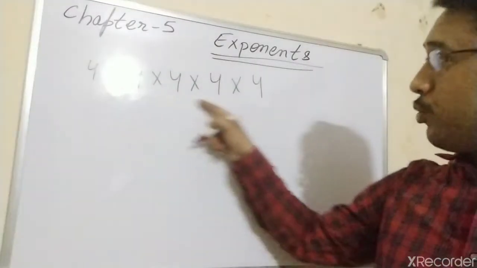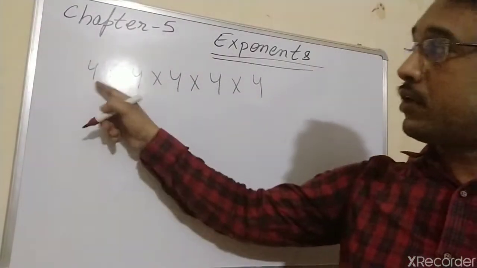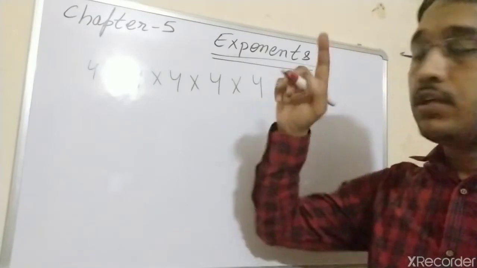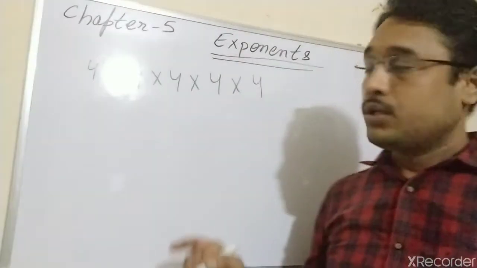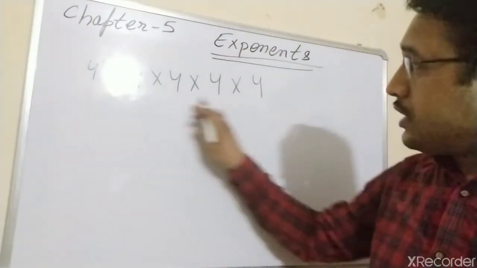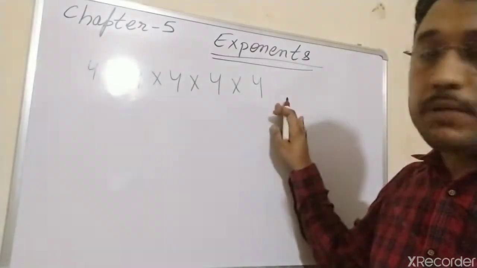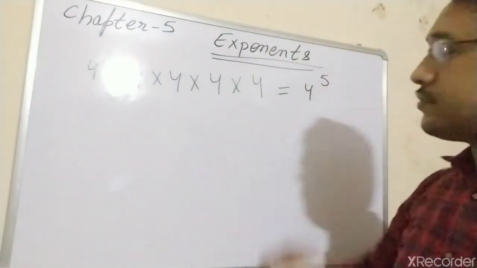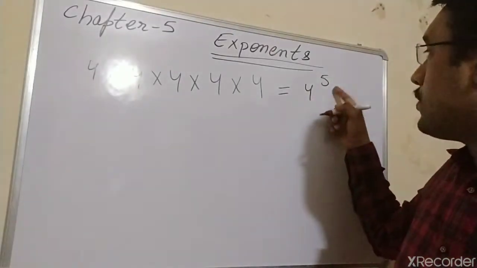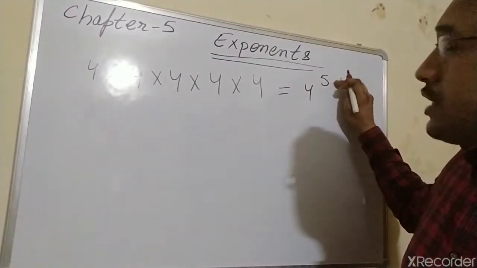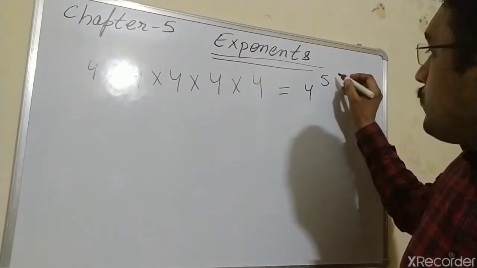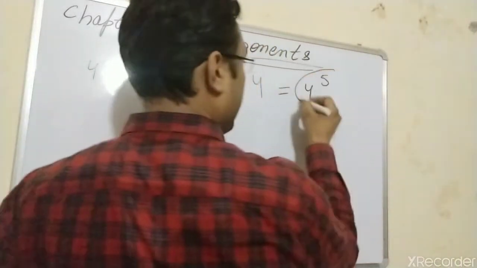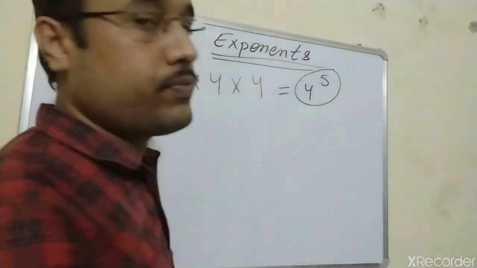Now you can see how many times I have written it: 1, 2, 3, 4, 5. 5 times. So that means 4 is repeated 5 times in multiplication, so you will give the power: 4 to the power 5. And this 5 you can say is the exponent. This form of writing a number is known as exponential form.